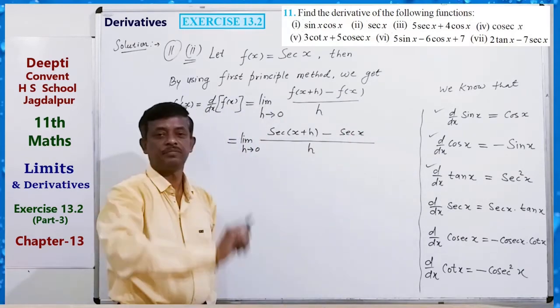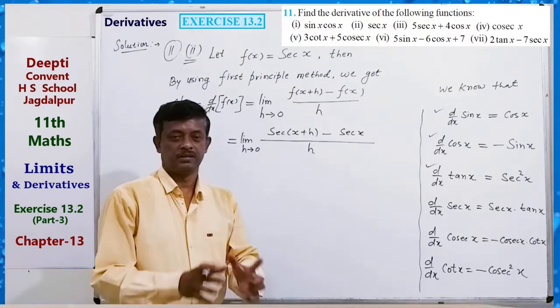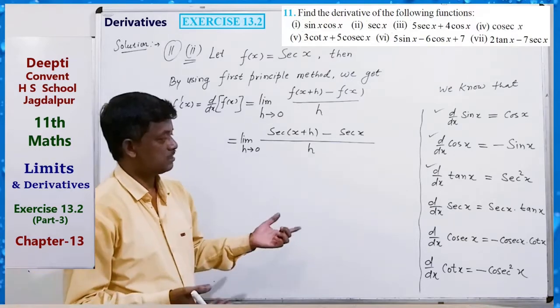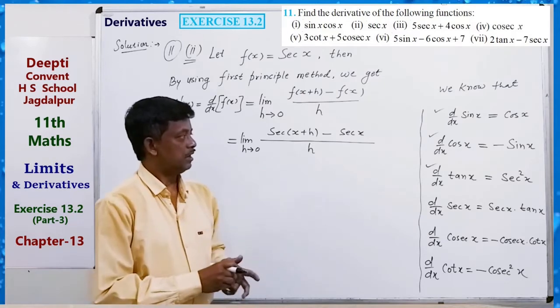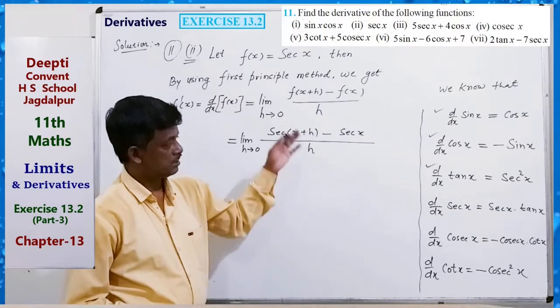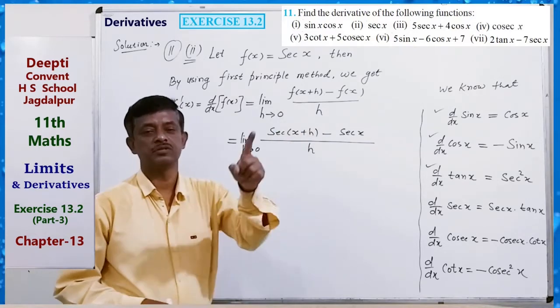Just remember that in the case of finding limits, if we have cot x, tan x, cosec x, sec x, anything except sin x and cos x, then convert it in terms of sin and cos.